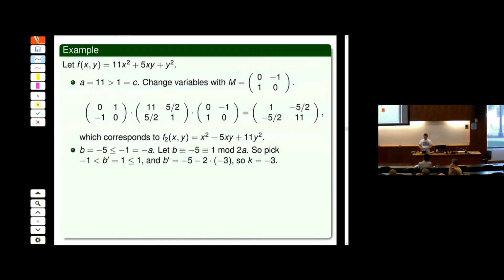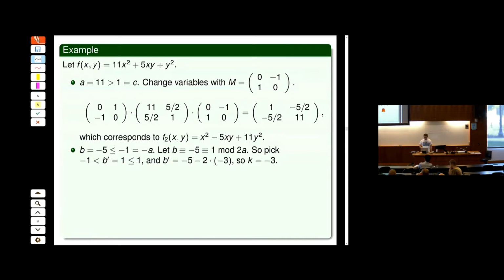And that one is not reduced yet. So minus 5 is less or equal to minus A, so that's no good. Then you find B, what is the congruence class modulo 2A? That's 1, so minus 5 is congruent to 1. So I'm going to pick B prime to be 1 because it's between minus 1 and 1. And then find my k to be minus 3, so that B prime equals B minus 2kA.